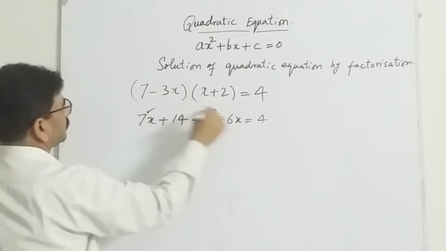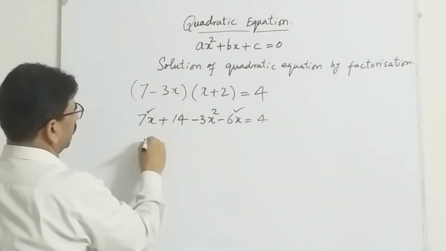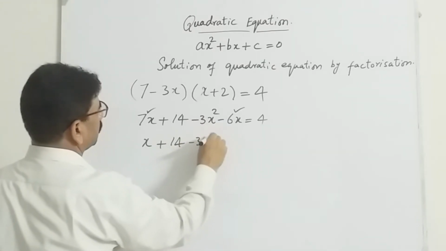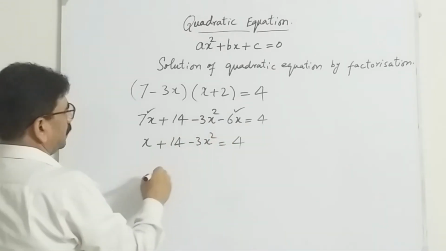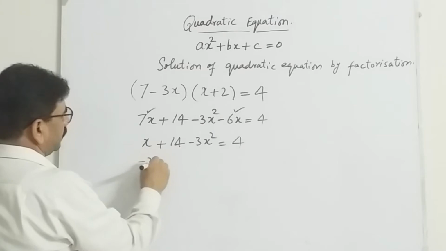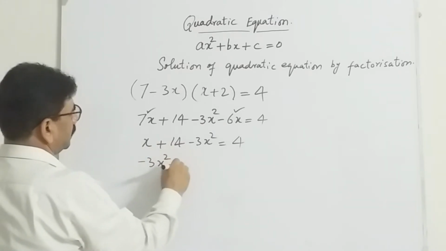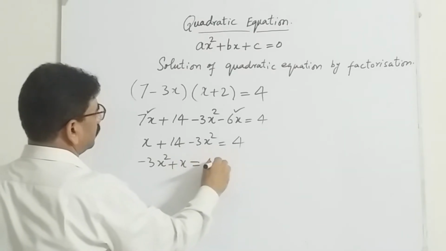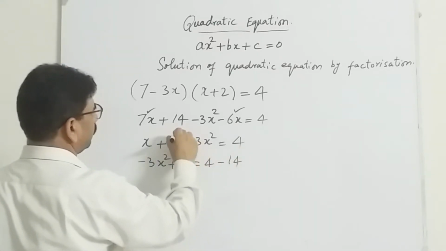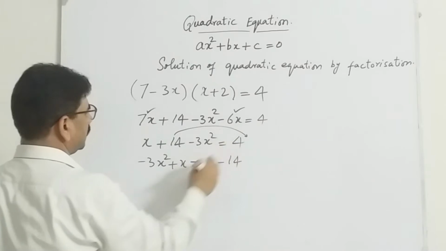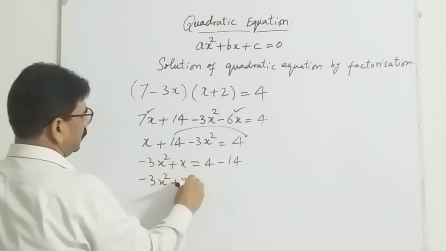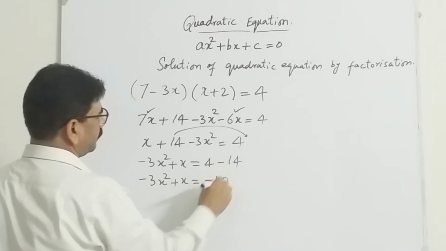Now 7x minus 6x will become x, plus 14 minus 3x square equal to 4. We can write it as negative 3x square plus x equal to 4 minus 14. This 14 will have to be transferred on this side. It will become negative 3x square plus x equal to negative 10.